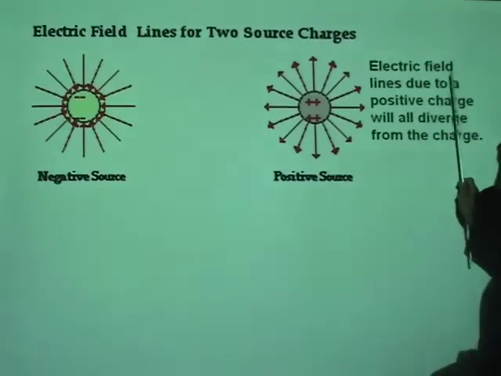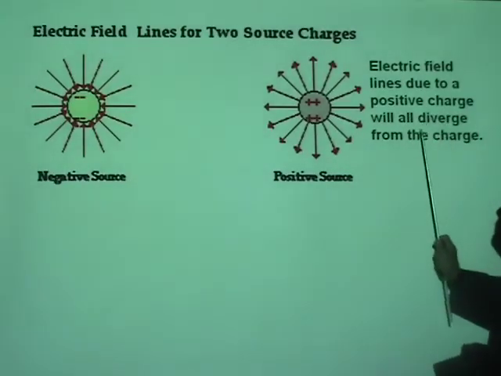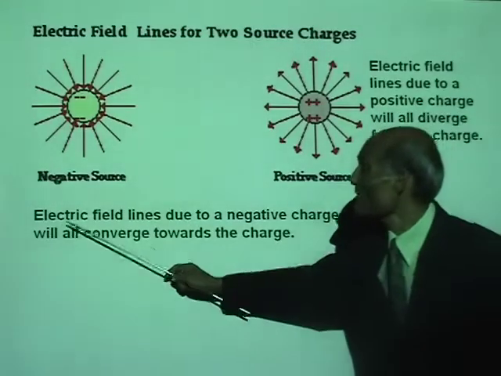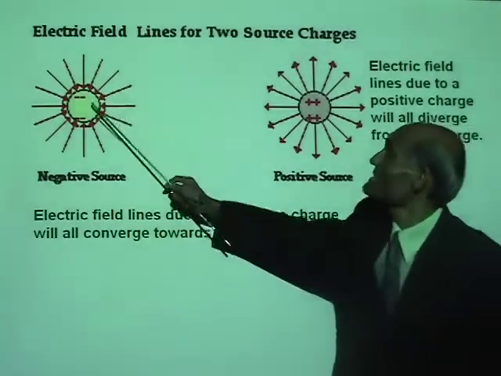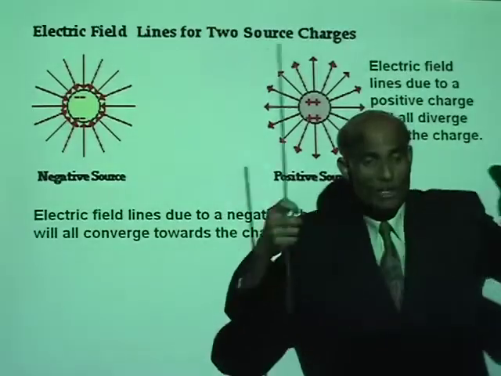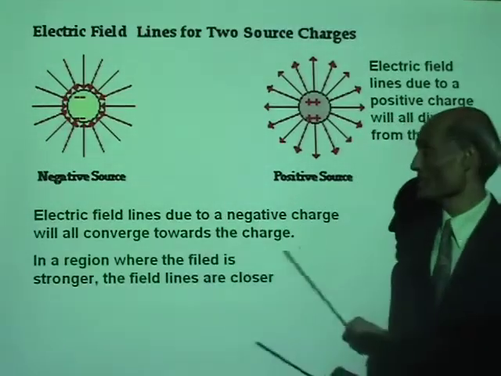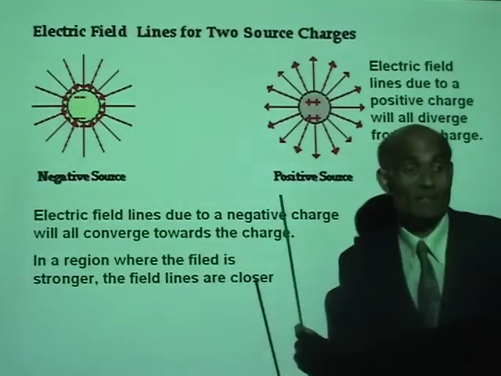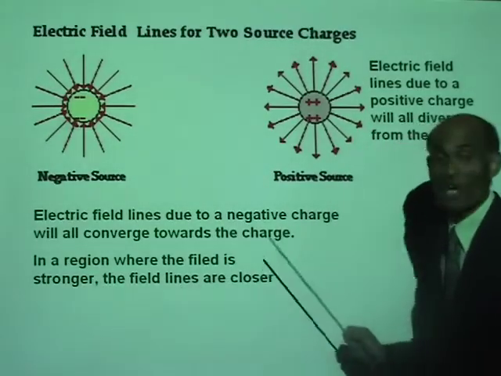So electric field lines due to a positively charged object will all diverge from it, and electric field lines due to a negative charge will all converge to the charge. In a region where the field is stronger, the field lines are closer.